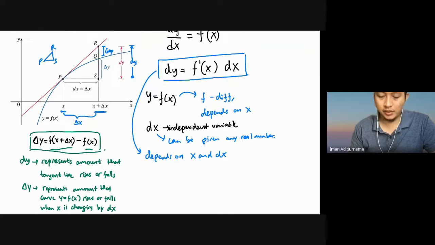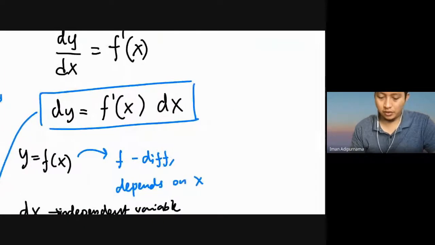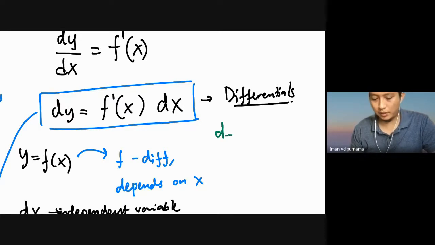So the point is, we call this differentials. If you have an equation that starts with d something equals blah blah blah d blah, we call this equation a differential.